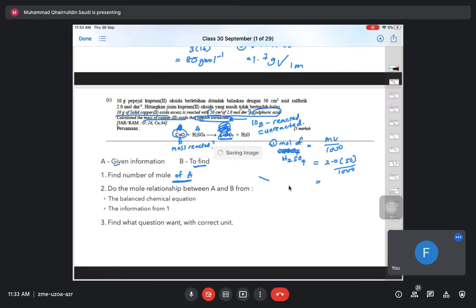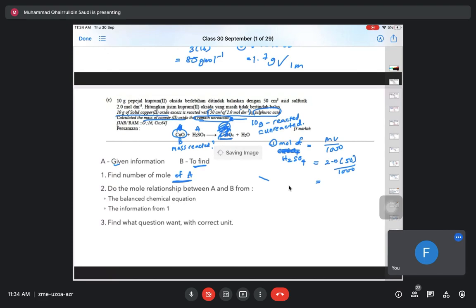Kalau kita nak cari mass, what is our formula? Mole times molar mass. Good. So the mole is 0.1. The molar mass is, kita kena kira. So the molar mass of copper oxide is 64 plus 16. 80. So 80 times with the mole, 8 gram.